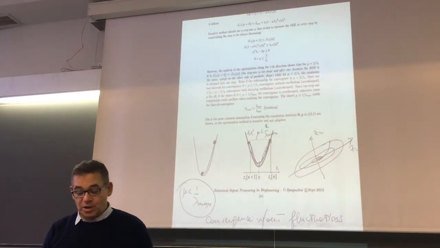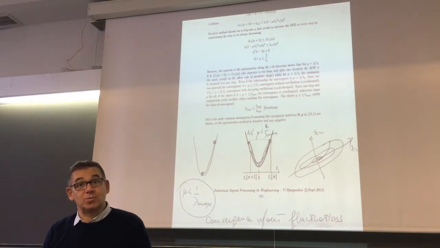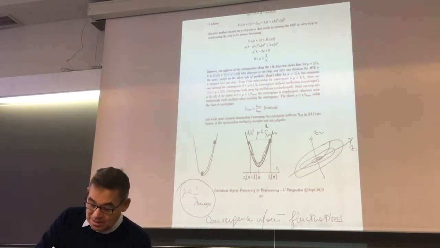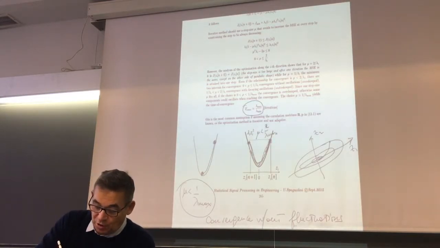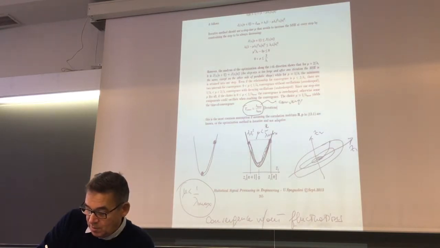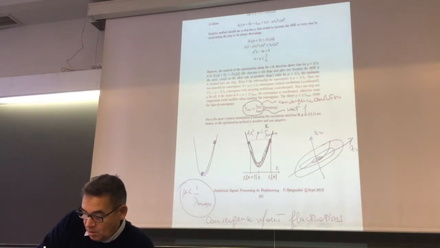So the time for convergence is the ratio between lambda max and lambda min, where lambda max is because of the convergence condition, and lambda min is because of waiting for the slowest.